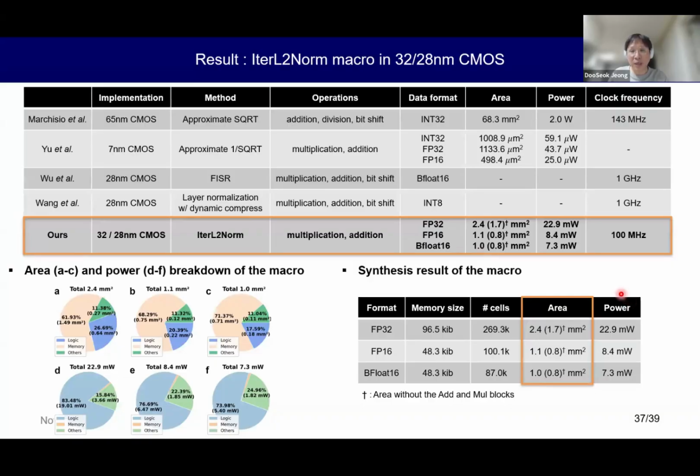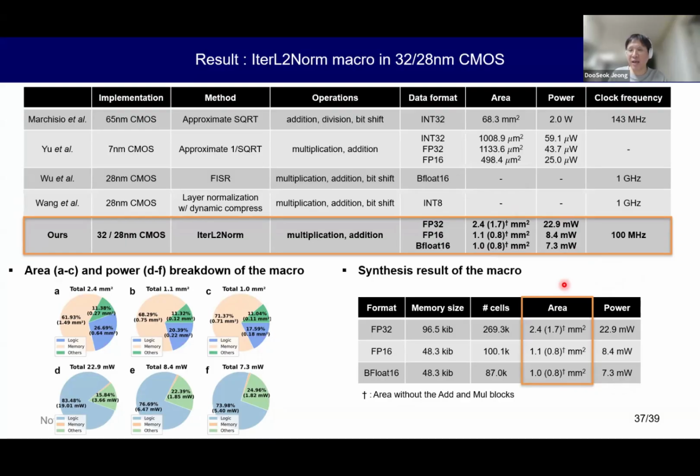Okay, so the power and the area are extremely small because most of the area and power are consumed by the buffer, but that buffer is not only for this normalization operation; it can be a basic register file for the whole macro. So it's not really used for this operation only.